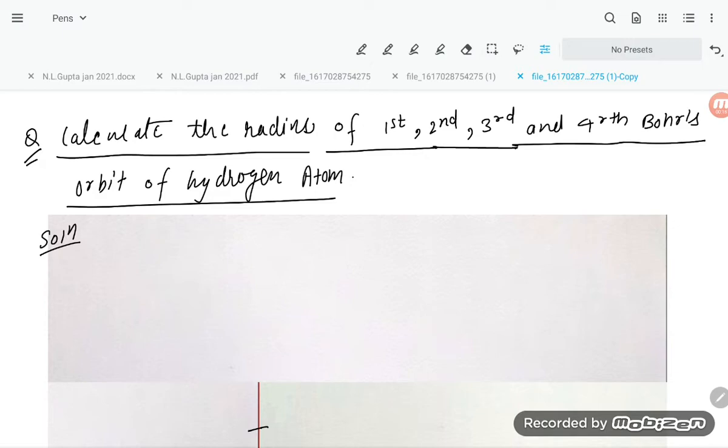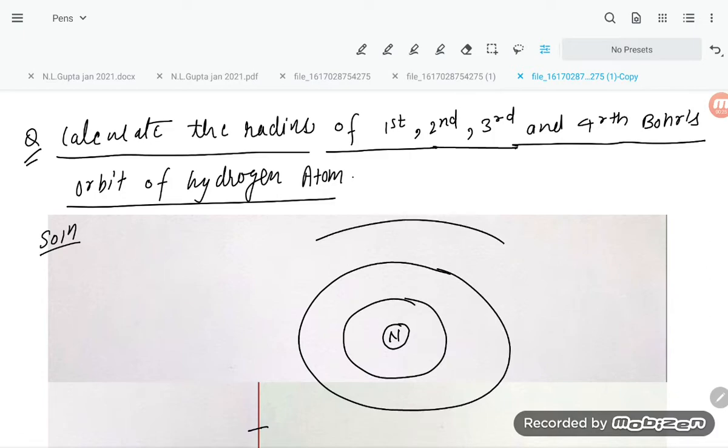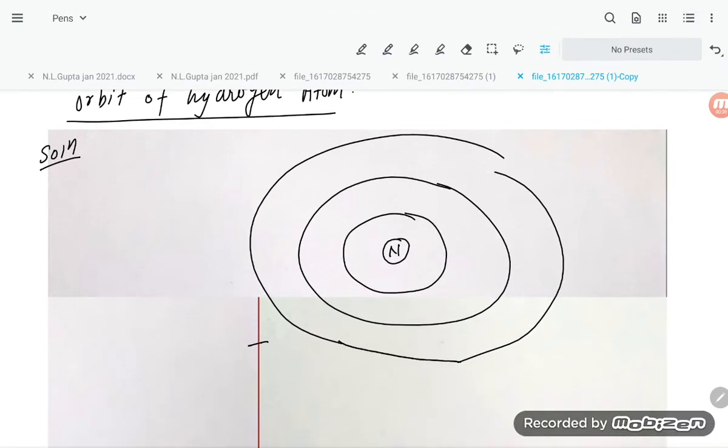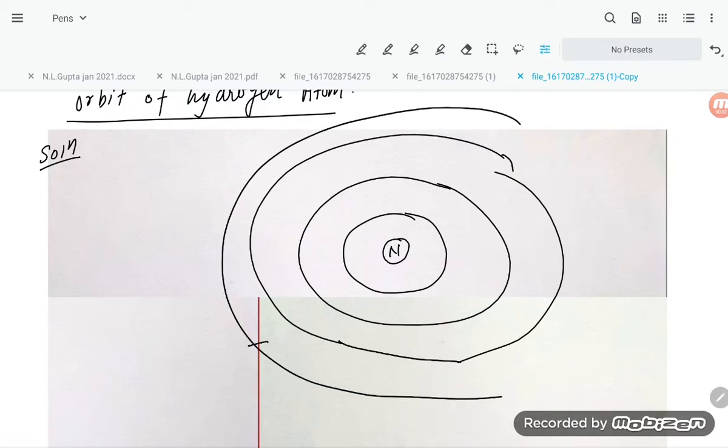Right, student? Suppose this is the nucleus, and there are four orbits around it. This is the first, second, third, and lastly the fourth orbit.